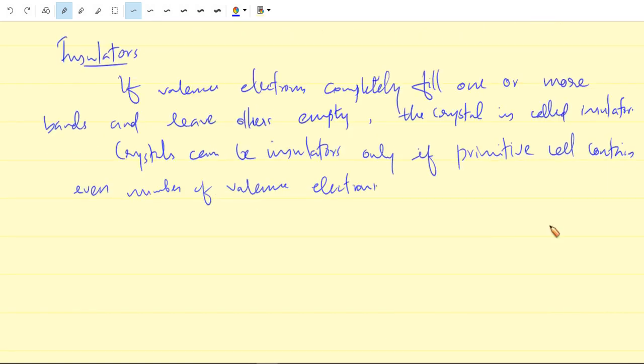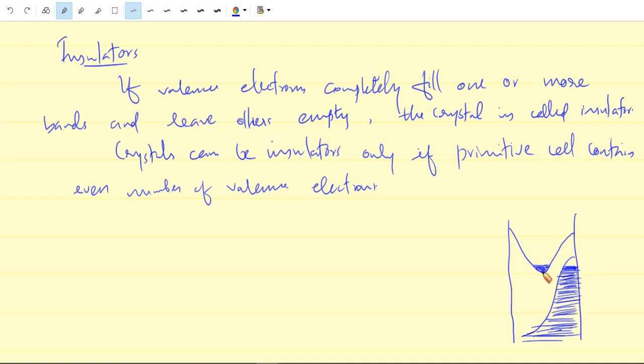If the primitive cell contains an even number of valence electrons, it may not be an insulator; it may be a metal. They may be metals if their bands are overlapping. For example, here the bands are supposed to be filled with electrons, but if the bands are overlapping, some of the electrons will go to the higher band, because electrons will occupy the lowest energy level.